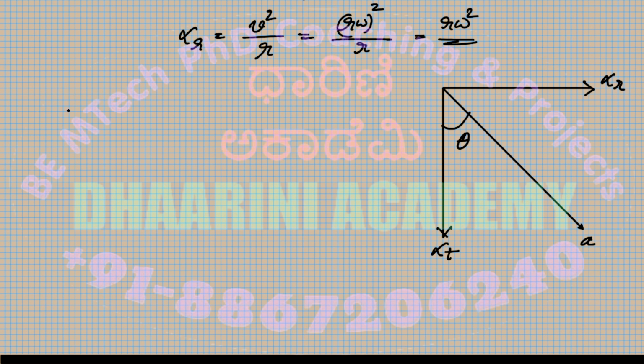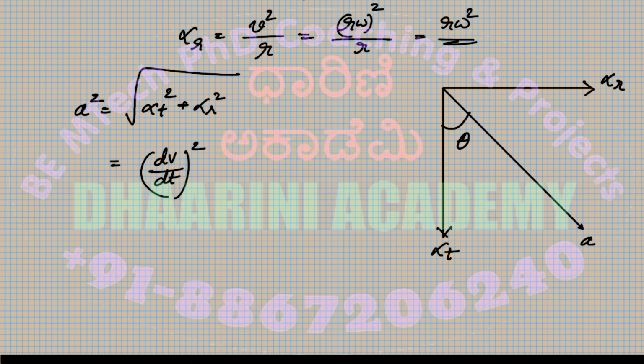So I can actually write now, from the fundamentals of vectors, a is equal to the square root of alpha t square plus alpha r square. That means I can simply write the first component. The tangential component is dv by dt, the whole square, plus alpha r, which is v square by r, the whole square, under square root.